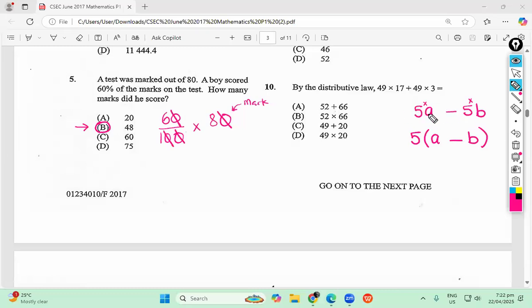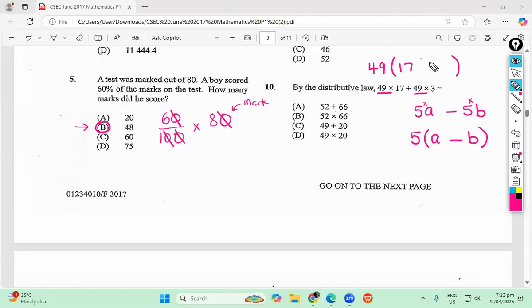Now, you notice when you write 5A, nobody writes the multiply sign in between. The multiply sign is understood. But in number 10, they decided to write the multiply. This 49 is being multiplied by the 17, and this 49 is being multiplied by 3, right? But instead of a minus sign, they have an addition sign. So couldn't you factorize out 49? If you factorize out 49, you're pulling out 49 from both of them.